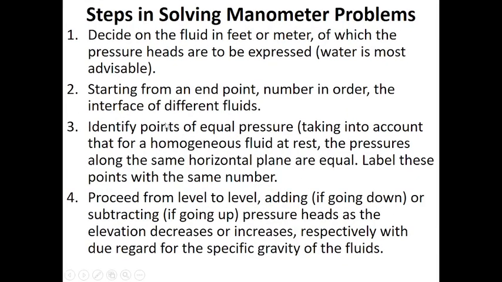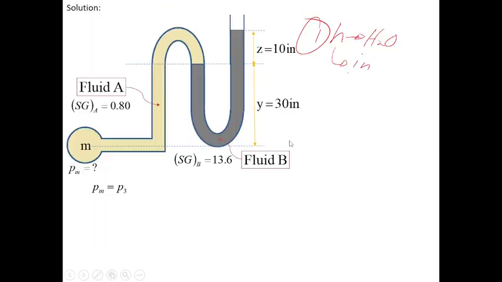Okay, step 2. Starting from an endpoint, number in order the interface of different fluids. So starting from an endpoint, this is an endpoint of a certain fluid, and we name it as point 1. Another endpoint, so first endpoint, second endpoint. So this is the interface of mercury and oil.